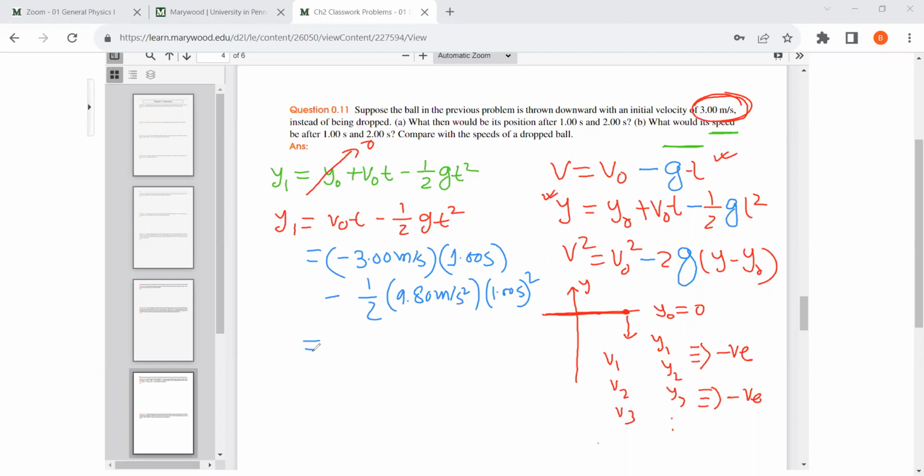If you do this math in your calculator, you should get y1 equal to minus 7.90 meters. It is different than last time, when it was minus 4.90. Now you see that it travels 3 meters more, because it already started from 3.